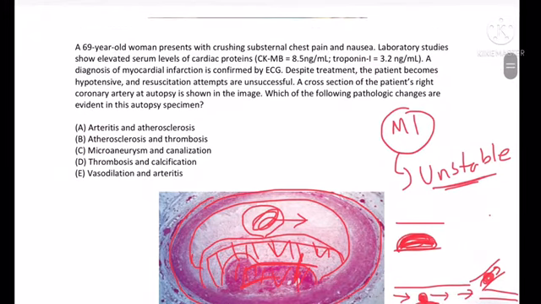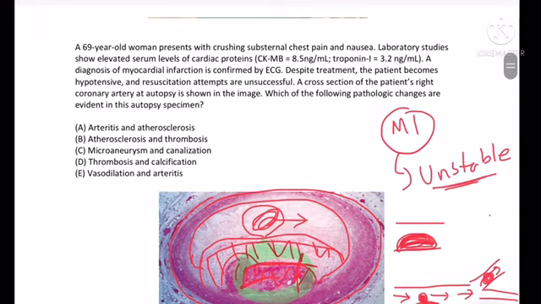Number one, arthritis and atherosclerosis. Yeah, it may be atherosclerosis, but it cannot be arthritis because we cannot see any inflammatory cells in this particular area. So we will rule out arthritis. Atherosclerosis and thrombosis seems like a correct option.